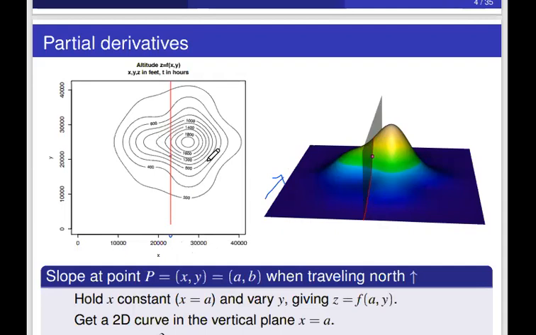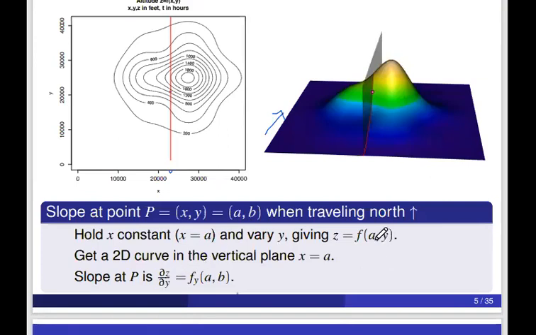Then how do you find the gradient of this mountain when you move along this y-axis, along this direction? You just take the partial derivative of f with respect to y. So y is the variable, x does not change, it takes this value here.